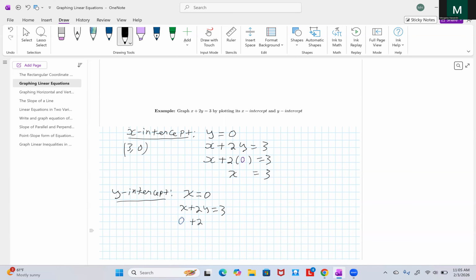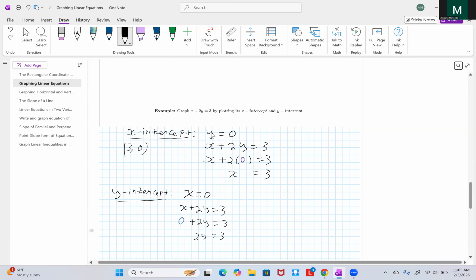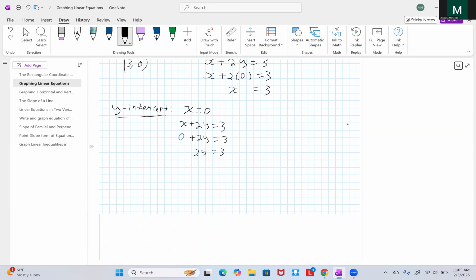So 2y = 3. So divide each side of the equal sign by 2. 2 over 2 is 1. So 1 times y is y, so we just write y = 3/2. 3/2 is 1.5. Okay, so now we're going to graph this. So the y-intercept has x-coordinate 0, and the y-intercept is 3/2.